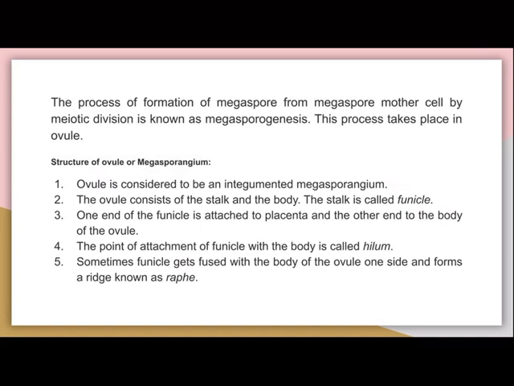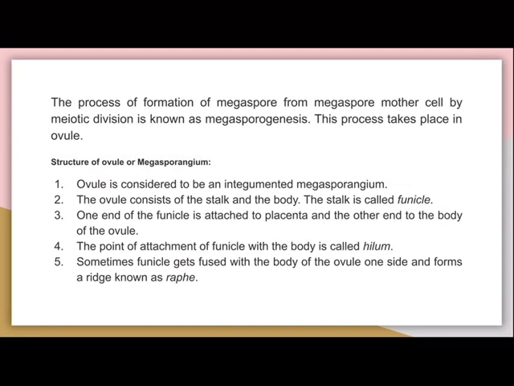One end of the funicle is attached to the placenta and the other part to the body of the ovule. The point of attachment of the funicle with the body is called hilum.